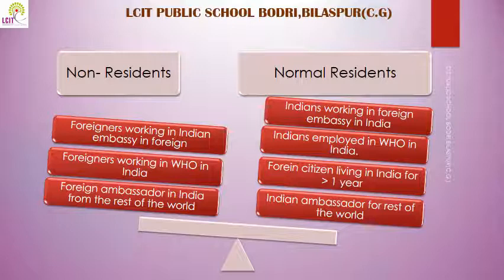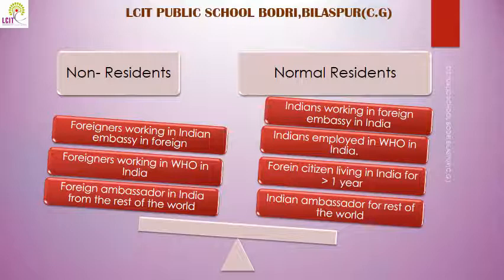They will be considered non-residents as they are getting their income from their governments. If there is a US ambassador, he is getting his income from the US government and he is not getting income from India. Then he will be considered a non-resident.